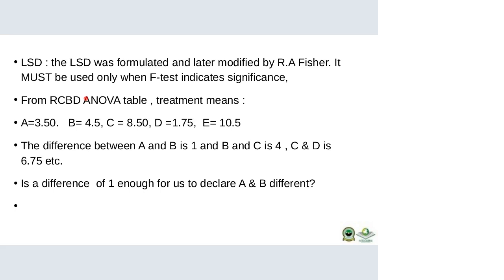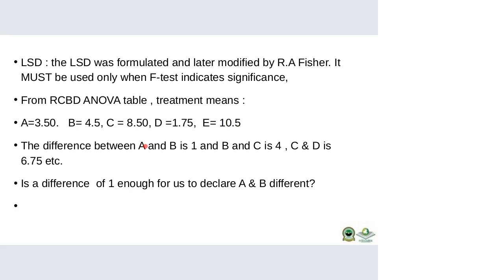Now, from the RCBD ANOVA table, the treatment means are: A is 3.50, B 4.5, C 8.5, D 1.75, and E 10.5. These are the values of microorganism concentrations, or the residual petroleum hydrocarbon in these units, as the case may be, depending on how you want to consider it.